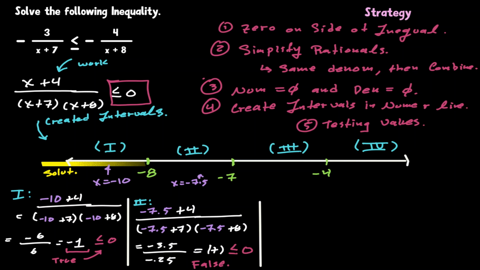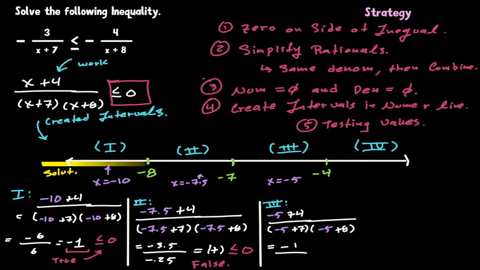So now let's test another interval, interval number 3. Let's choose any number in our third interval. I'm going to choose -5. And let's plug that in and see what's the result. On the numerator, we're going to get -1.